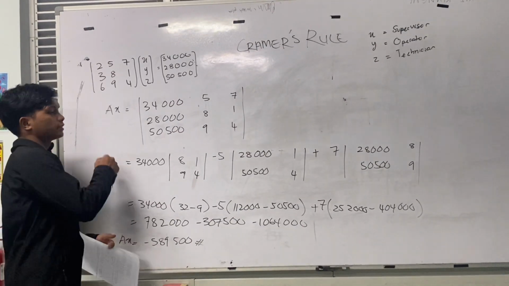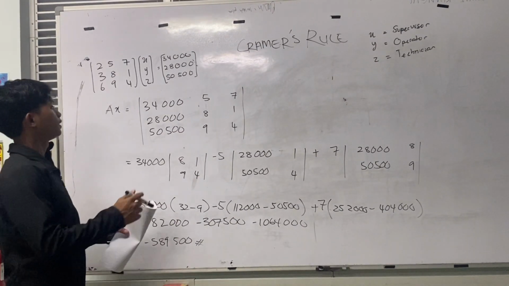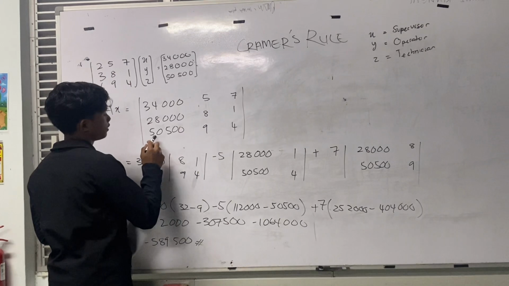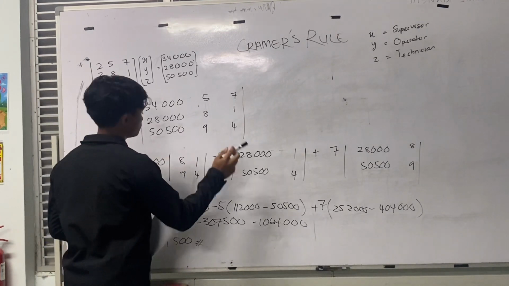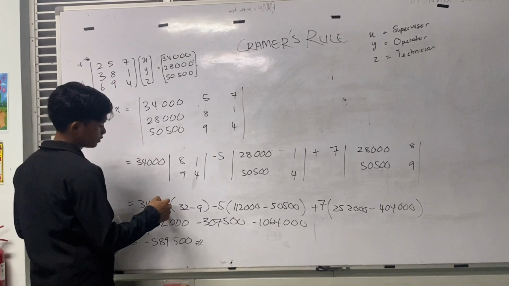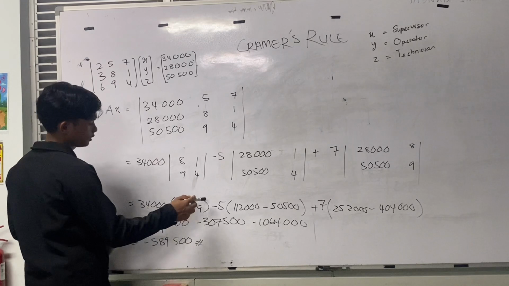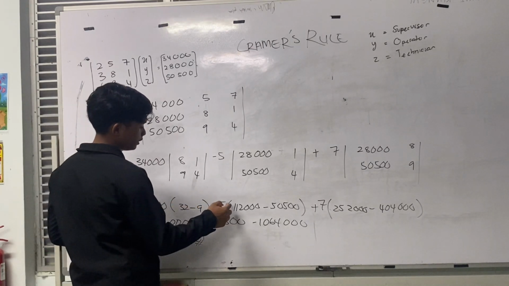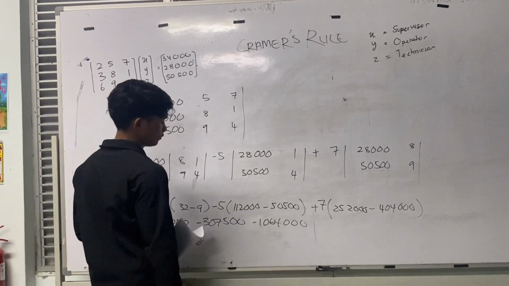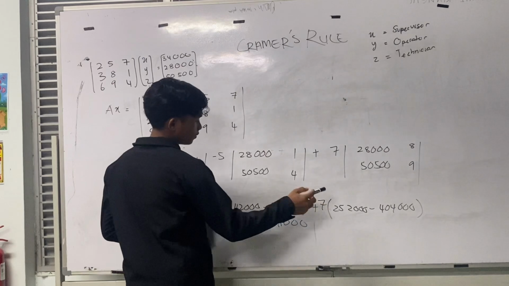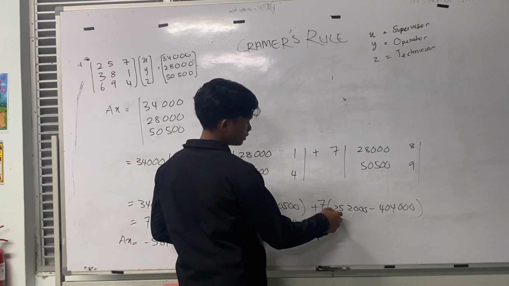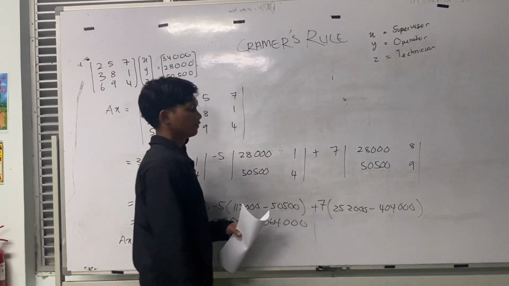For the AX with the same method, we get here 34,000, 5, 7, 28,000, 8, 1, and 50,500, 9, 4. With the same method, 34,000 will be multiplied by 32 minus 9, and then negative 5 will be multiplied by 112,000 minus 50,500, and then 7 will be multiplied by 252,000 minus 404,000.